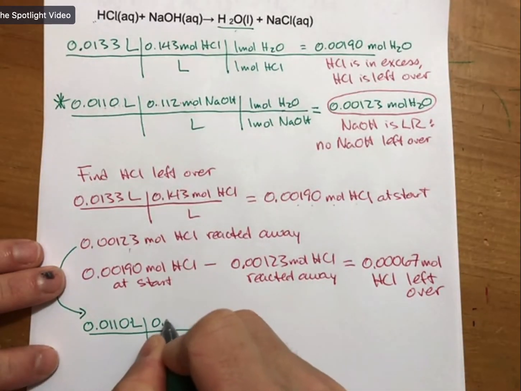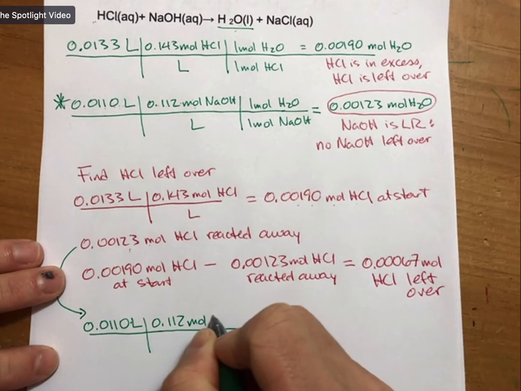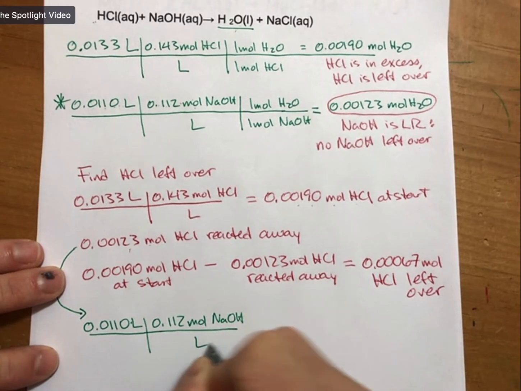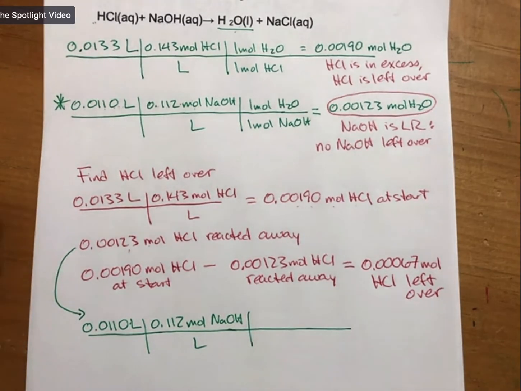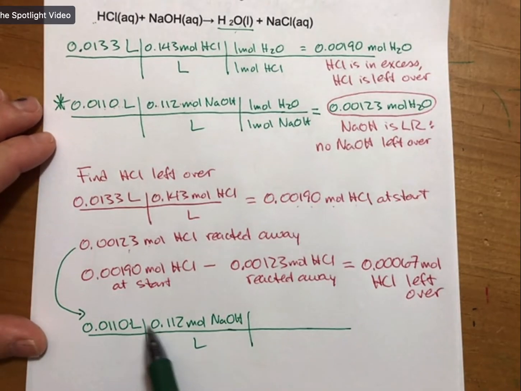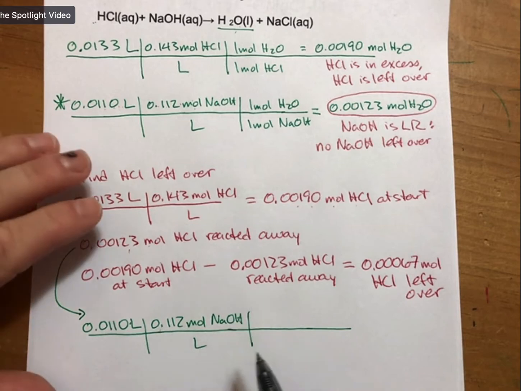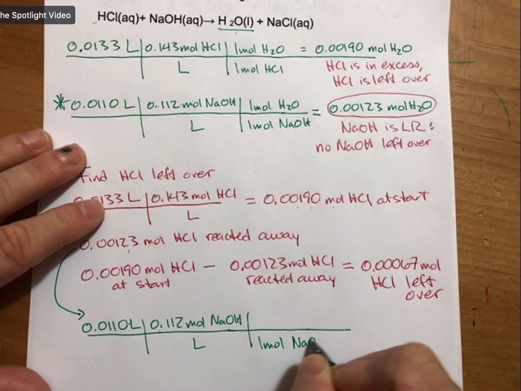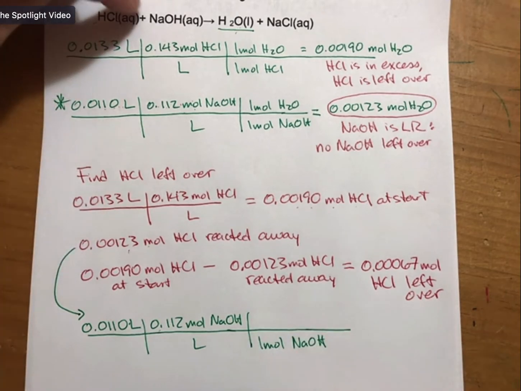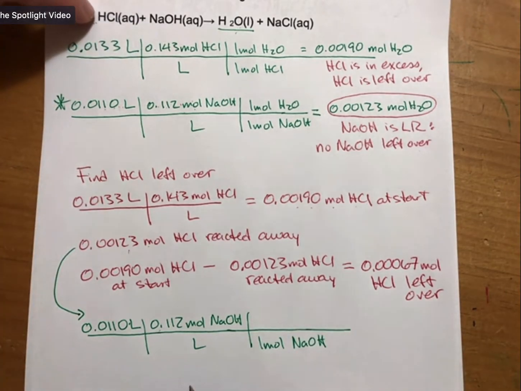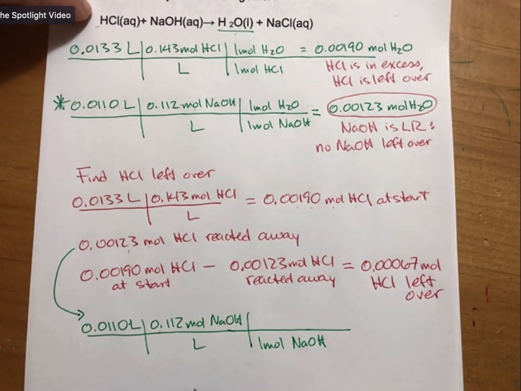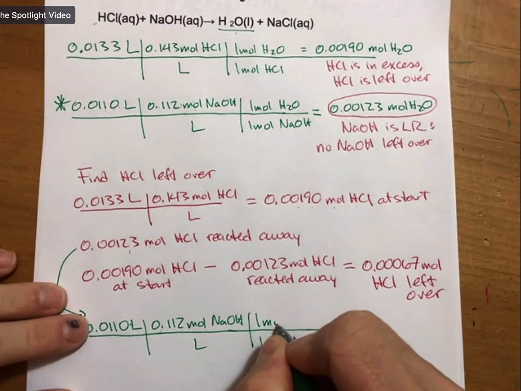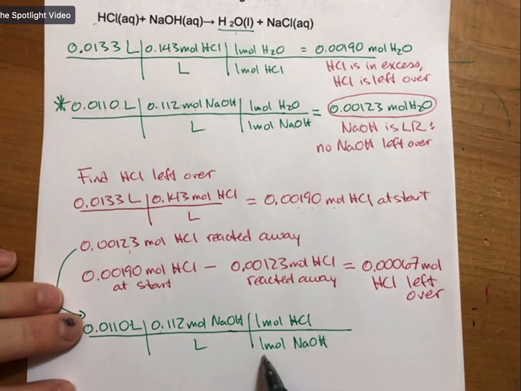So this is my limiting reactant. I know this is how much reacted away. Then I know for 1 mole of sodium hydroxide, 1 mole of HCl also reacts away. So I get a 1-to-1 ratio here.